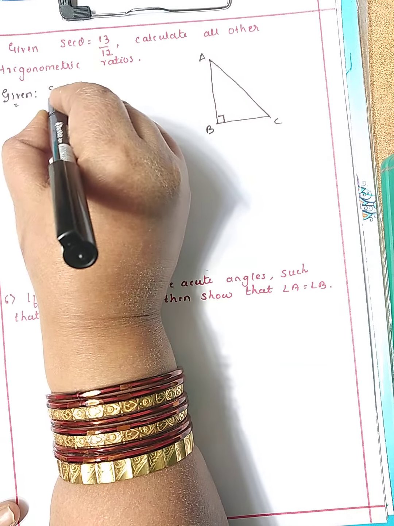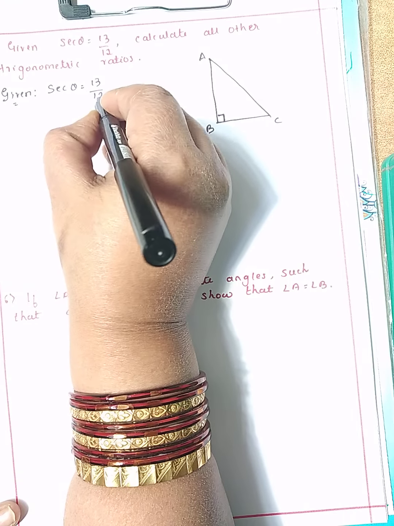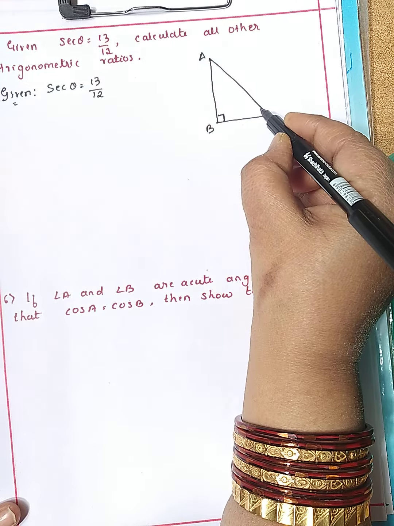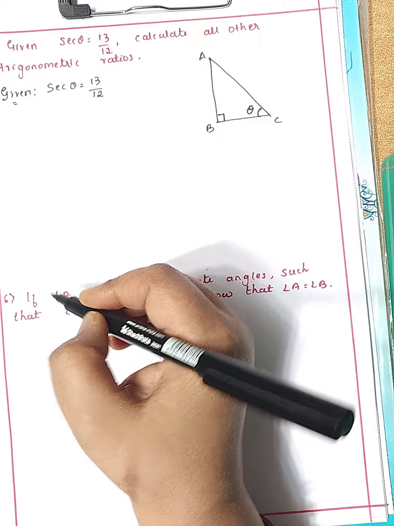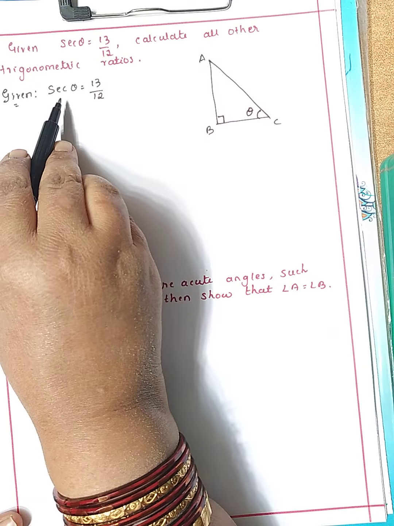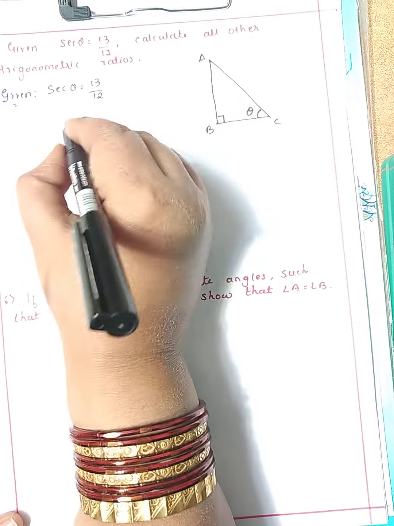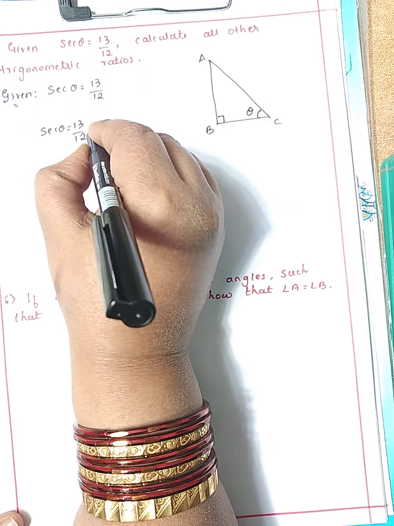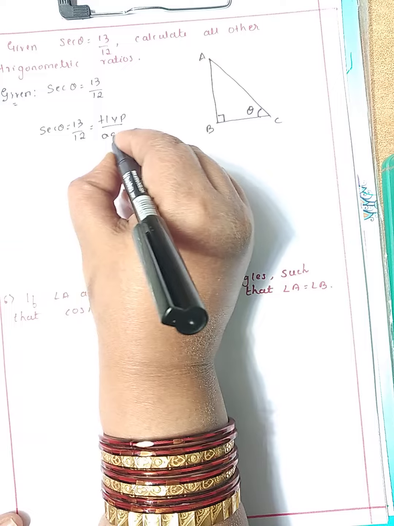Given is sec theta equal to 13 by 12. Here theta is given, so take angle C as theta, an acute angle. Sec theta equal to 13 by 12 means hypotenuse by adjacent side.